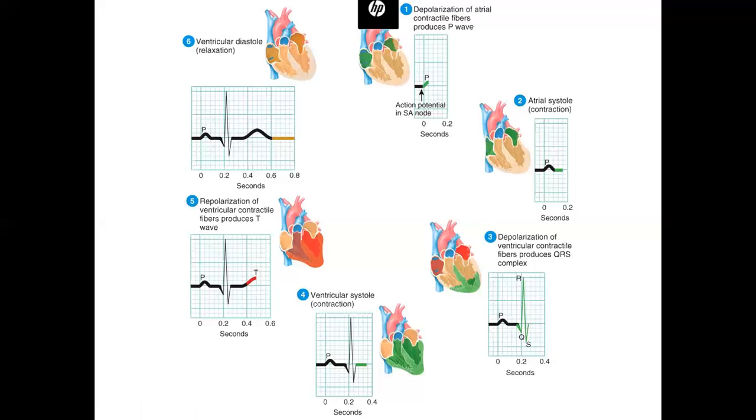Well, atrial repolarization does take place after atrial systole, but the big QRS complex taking place masks the electrical signal, so it's not a detectable wave that can be read on an ECG. Following ventricular repolarization, we're back at baseline, in ventricular diastole or relaxation, ready for everything to start over.